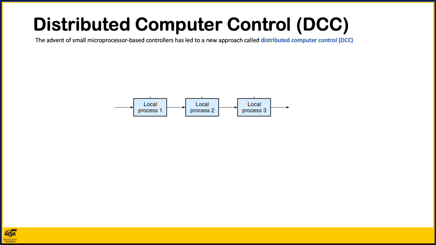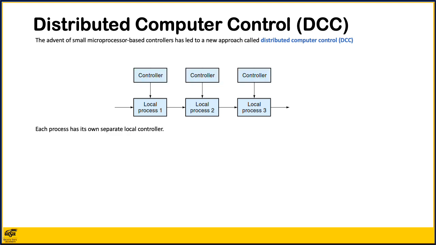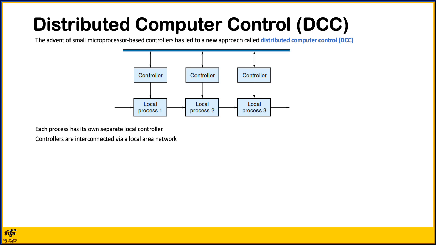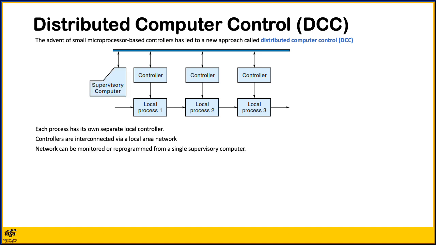The advent of small microprocessor-based controllers has led to a new approach called distributed computer control, DCC. In this system, each process has its own separate controller located at the site. These local controllers are interconnected via a local area network. All controllers on the network can be monitored or reprogrammed from a single supervisory computer.